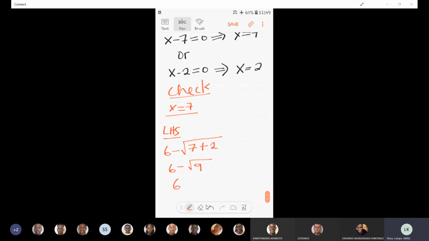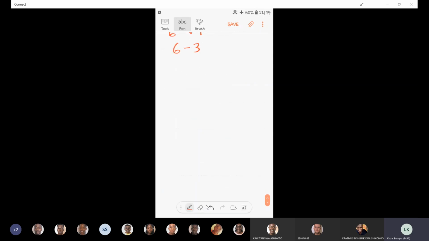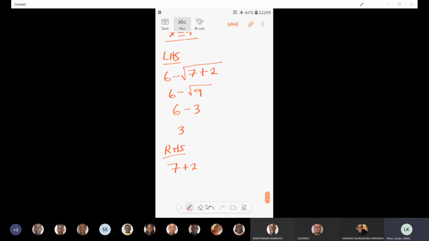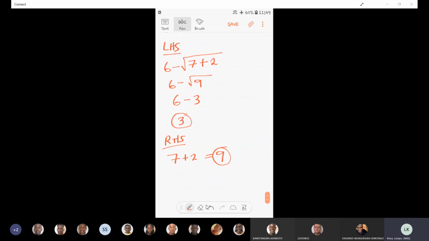This is 6 minus 3, and this is equal to 3. So that's what I have on the left hand side. Then on the right hand side, I have x plus 2. My x is 7, so I have 7 plus 2, which is equal to 9. These two are definitely not equal, so it means x is equal to 7 is not valid.